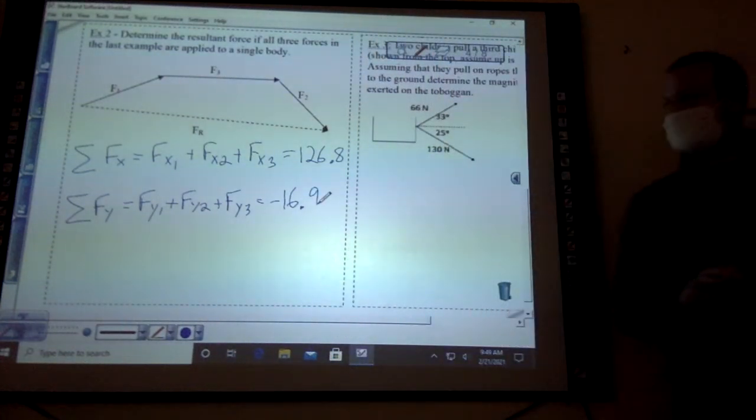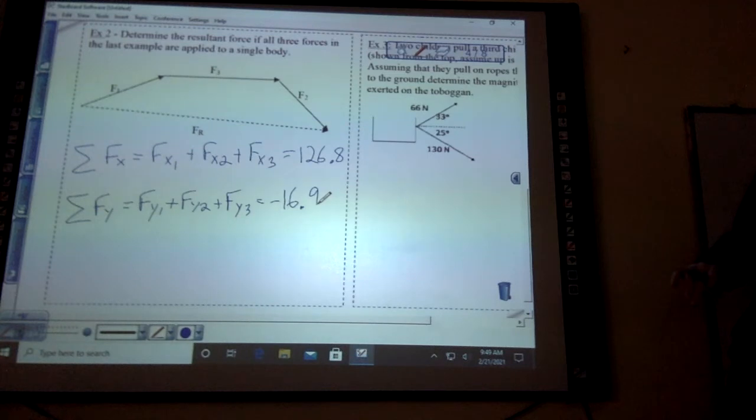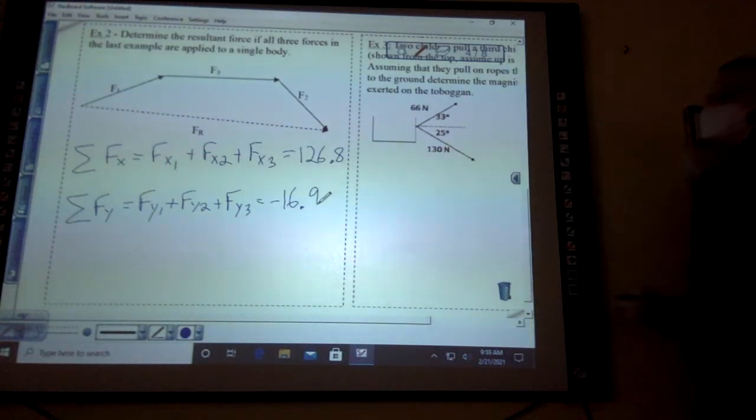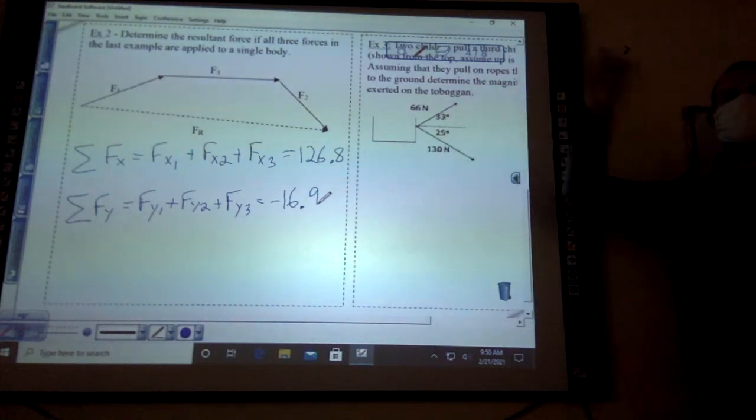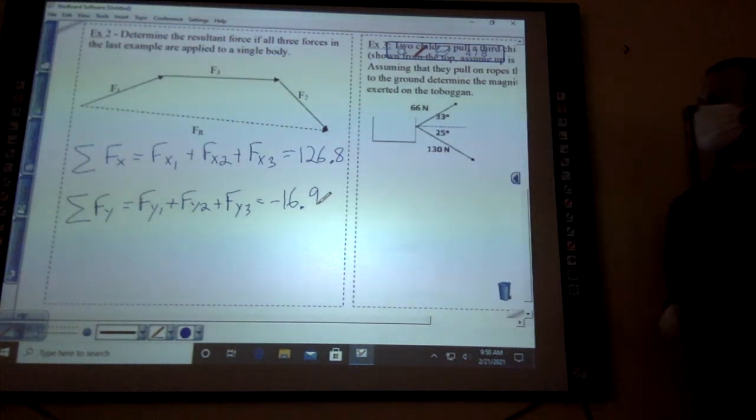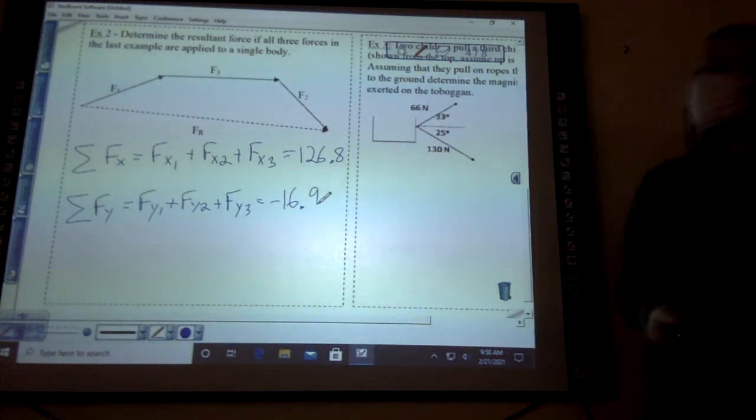So notice with this, the y component is negative. And you can see that from my resultant here. The y should be going down. So this makes sense. Yes, Hashim?